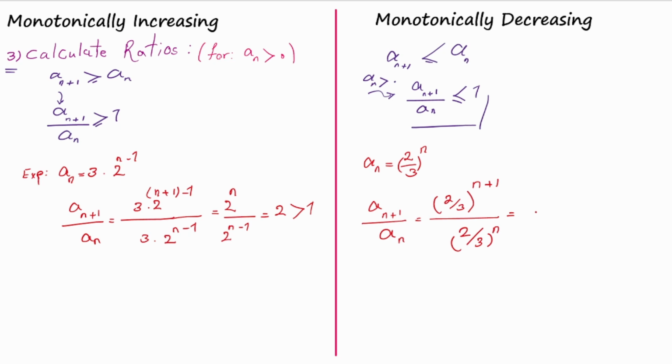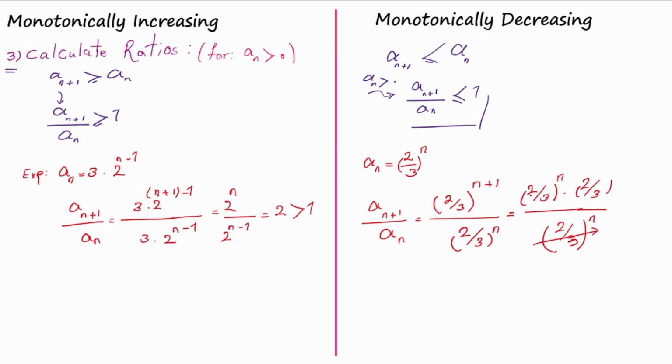By using the product rule for exponents, we can rewrite the numerator as 2 over 3 to the power of n times 2 over 3, and the denominator is simply 2 over 3 to the n.